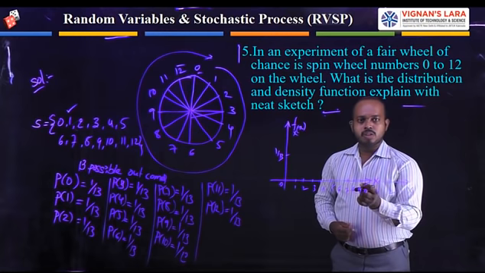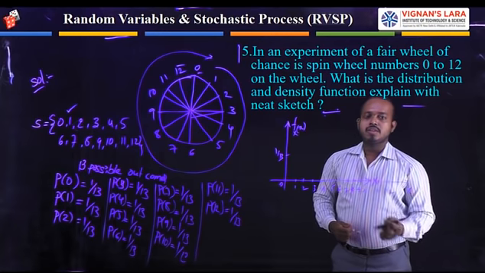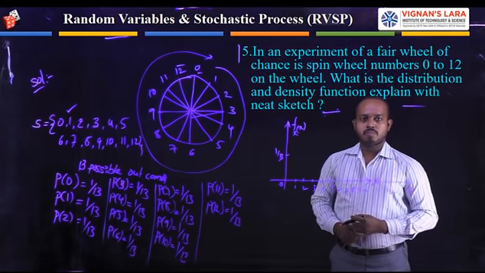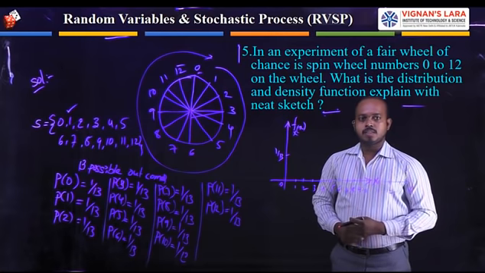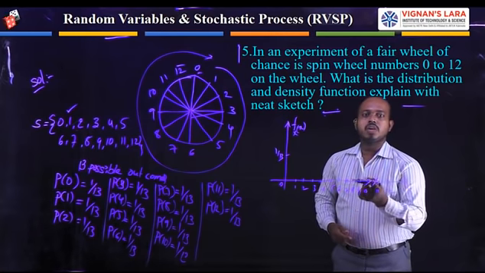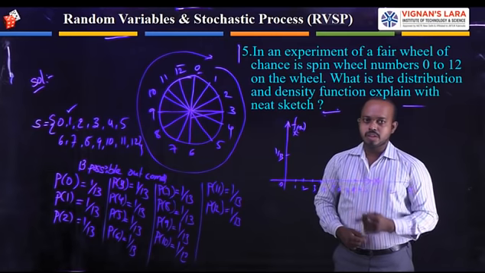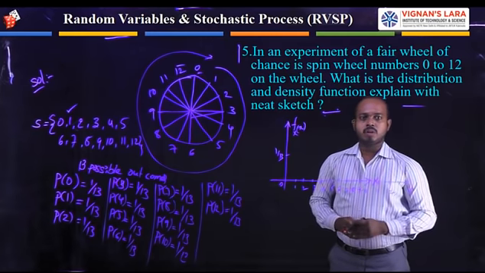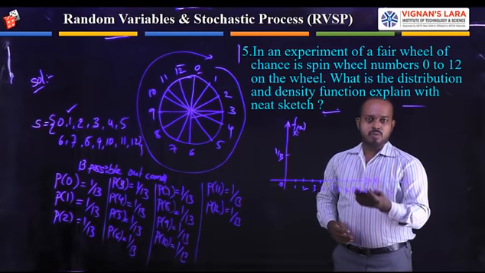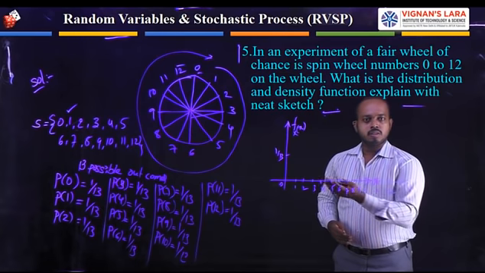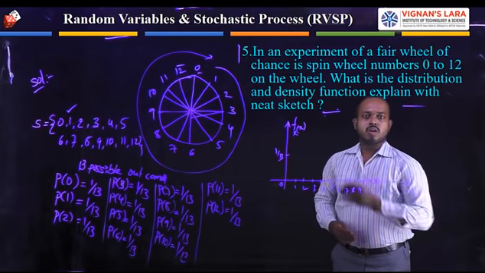The distribution function for a discrete random variable is a step form. Here we consider the random variable to be of continuous nature. For a continuous random variable, the density function is continuous and the distribution function is also continuous.